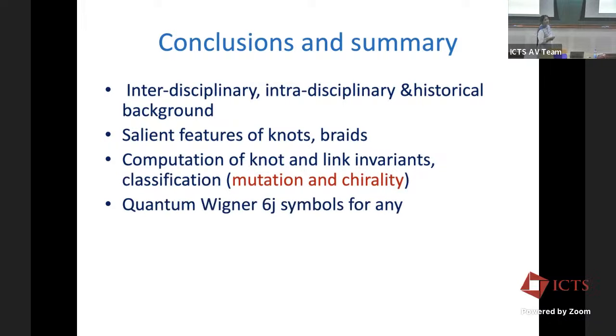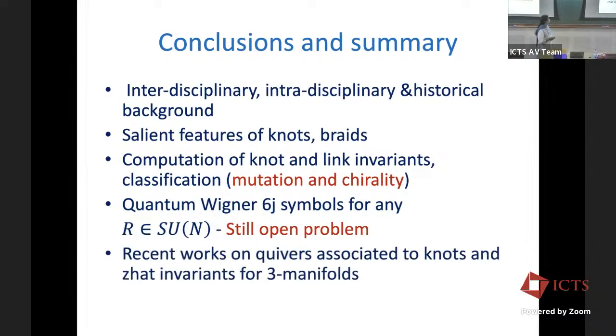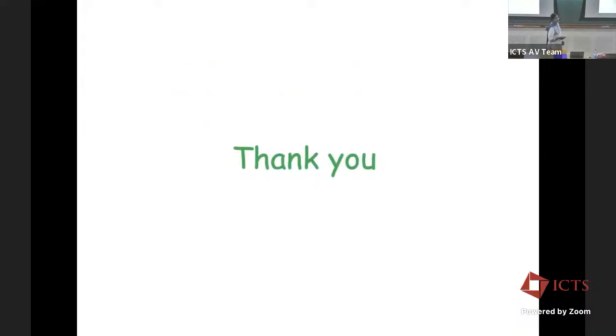Of course, the quantum Wigner 6J symbol for any representation is still an open question. One is the multiplicity issue, which makes it harder, but it's still an open question. And with recent works on quivers associated to knots and Z hat for three manifolds, we could get in and find some interesting results. Thank you.